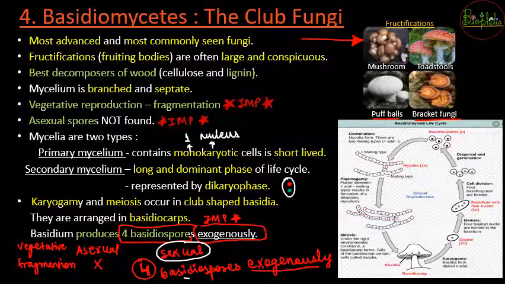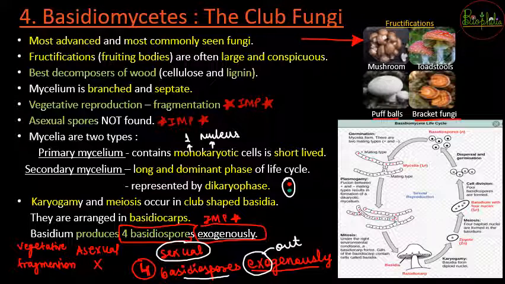But basidiospores are going to be exogenously produced, और exo का meaning होता है out. So this is one of the differences that you need to remember about Basidiomycetes and Ascomycetes in their vegetative, asexual and sexual spores. So that can be a helpful point to remember and solve MCQs very easily.